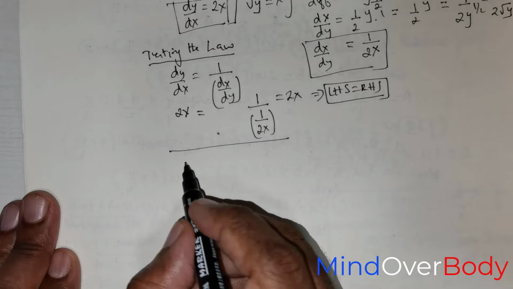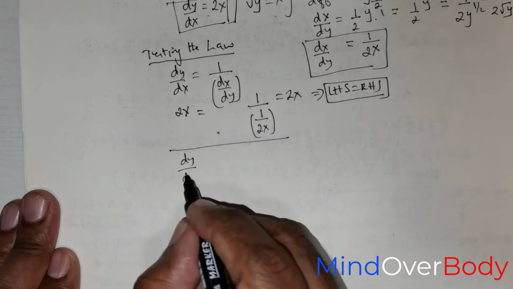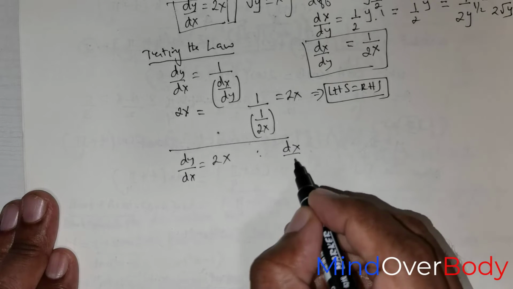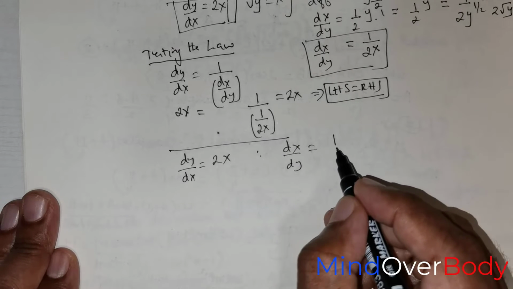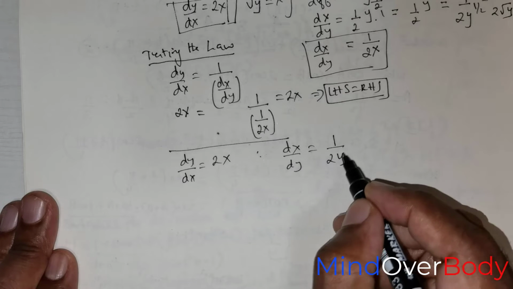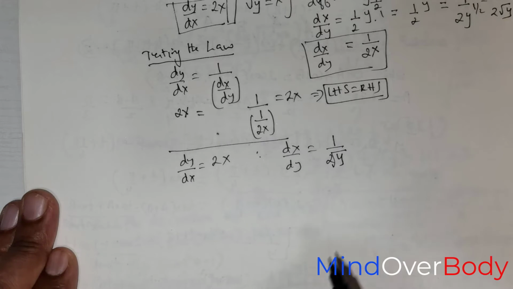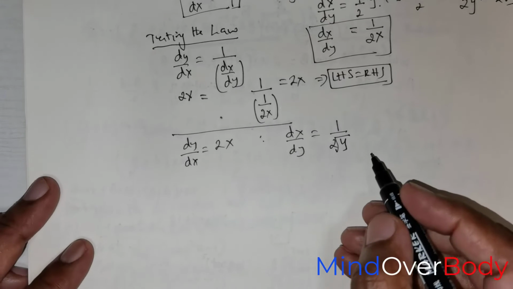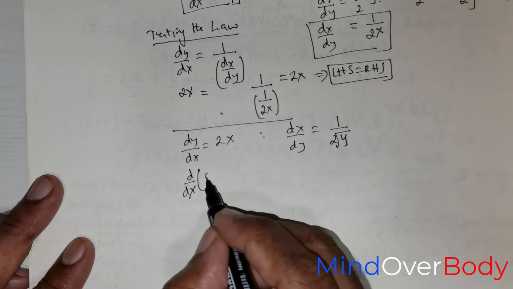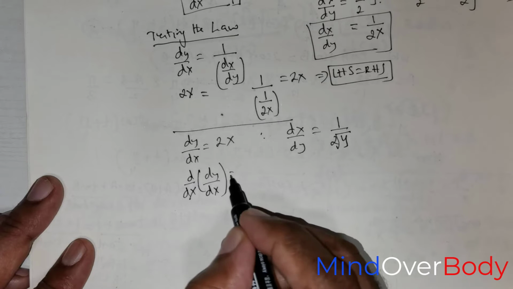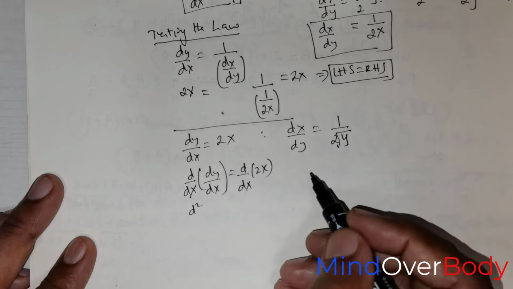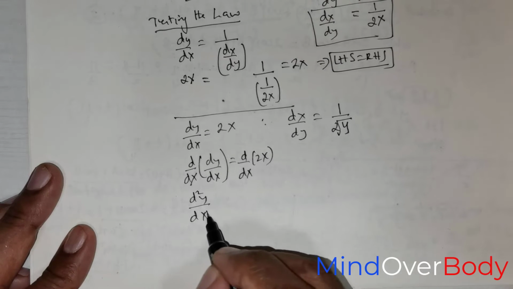The first differentiation for dy over dx is 2 times x, and the first differentiation for dx over dy is 1 over 2 times root of y. So let me write that, root of y. Now I'm going to perform the second differentiation. d over dx of dy over dx is equal to d over dx of 2x. This is going to give me d squared y over dx squared.